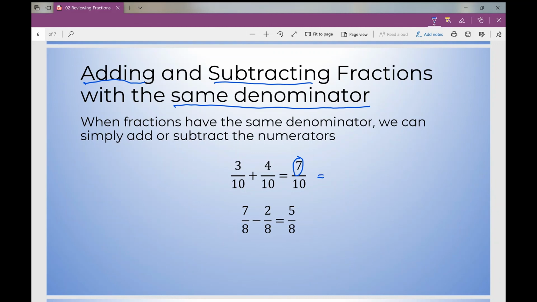Another way to write it would be like this. We just combine everything into one fraction, and then we add the 3 and 4 together to end up with 7. Same down the bottom here with this subtraction. We could have written it like this, and then we just do 7 minus 4, and that's how we end up with our 5 over 8.